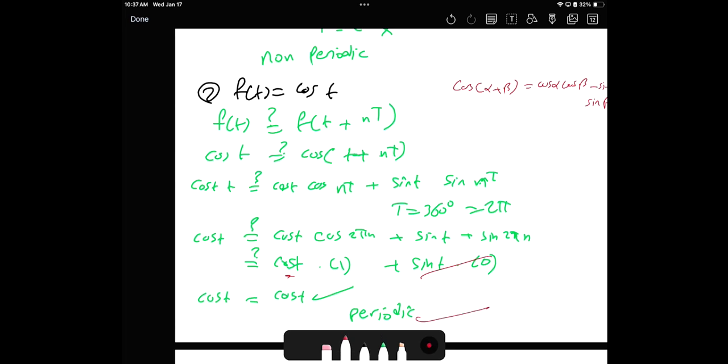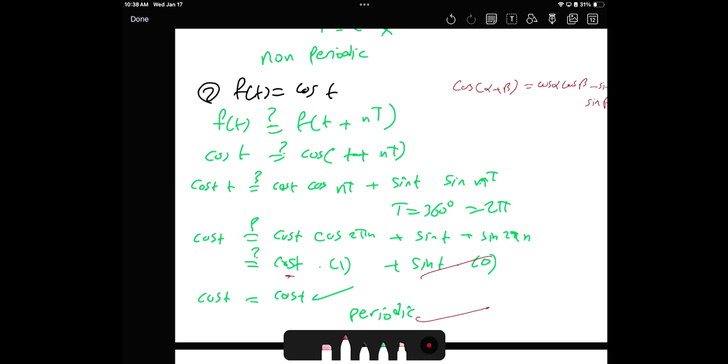Can you choose whatever you want t to be, or is there a set value? For t, 360, it can be anything. We choose 360 because it's a sinusoidal function, and the period for any sinusoidal is 360 degrees.